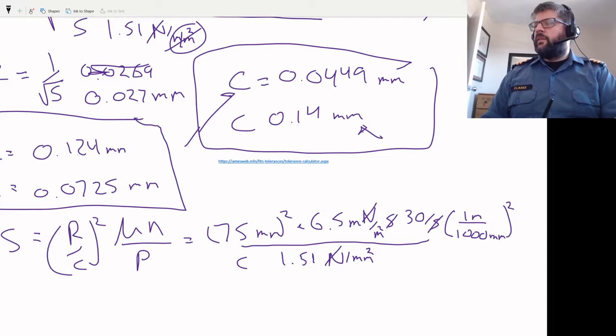And then that'll cancel out these millimeters here and this per meter squared here.